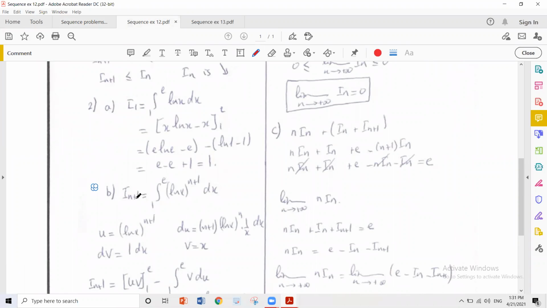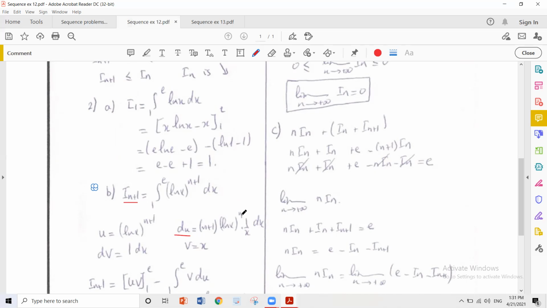This is I_(n+1), equal to the integral from 1 to e of (ln x) to the power n plus 1 dx. Integration by parts: I take u as the ln part, u equals (ln x) to the power n plus 1.